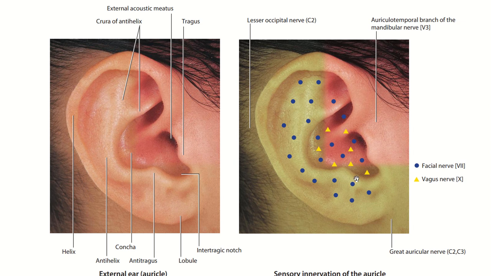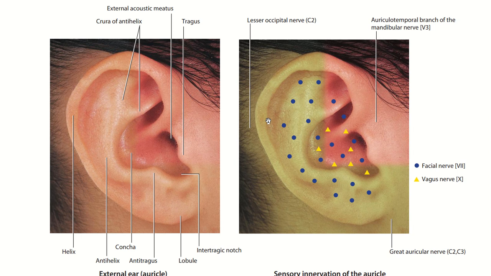It's also important to appreciate that the pinna is going to have various cutaneous innervation. From this diagram, it is going to be innervated by the following nerves. This portion right here is going to be innervated by your lesser occipital nerve, which is a branch of your cervical plexus.